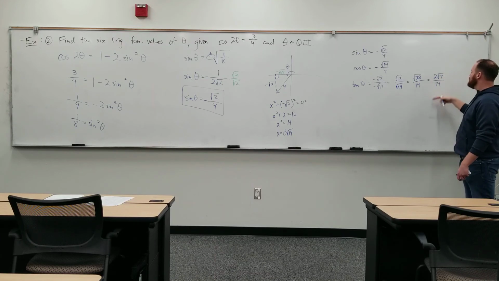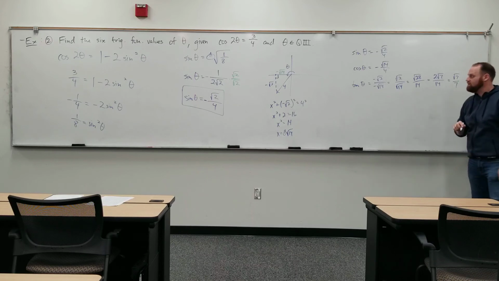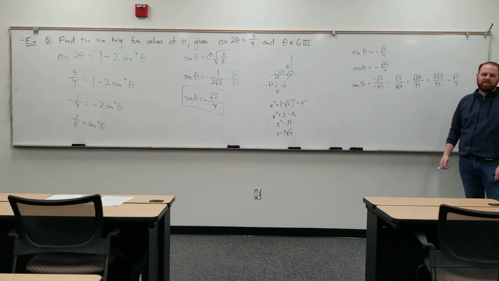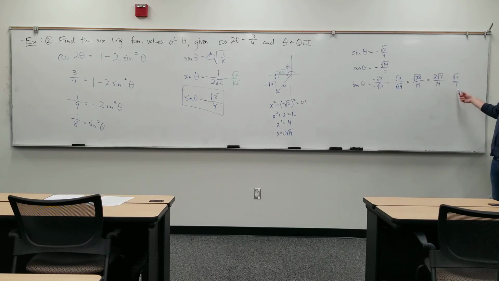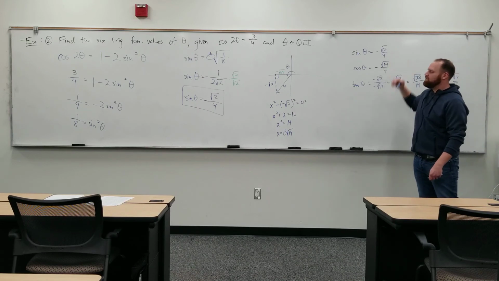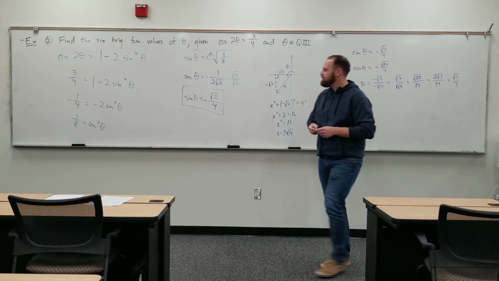And then the 2's will cancel, and that'll leave me root 7 over 7, right? I would have been okay with the earlier answer, but your book probably wants you to go to root 7 over 7. There's tangent. I'm not going to finish the rest. You can do cotangent, secant, cosecant. They're just the reciprocals of these other guys, okay?